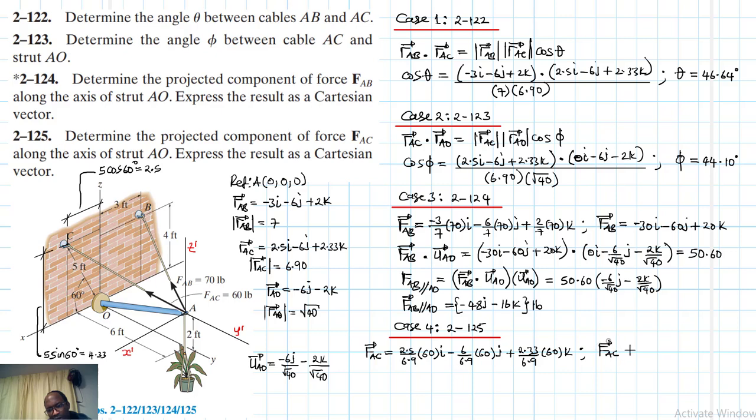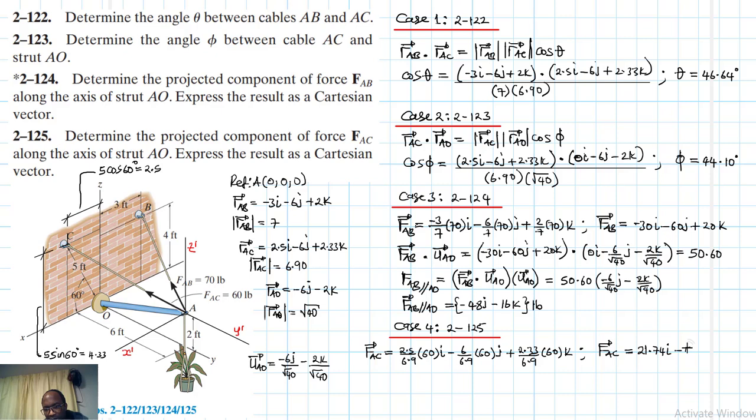Therefore, FSC is just going to be equal to 2.5 divided by 6.9, 2.5 times 60 divided by 6.9. So this just gives us a 21.74i, and minus 2.5 by 60 divided by 6.9. Okay, and then we have 6 by 60 divided by 6.9.